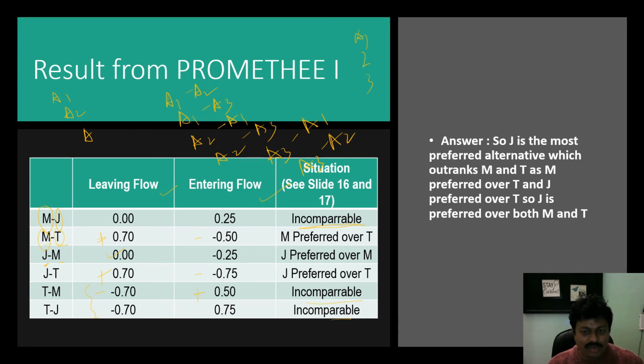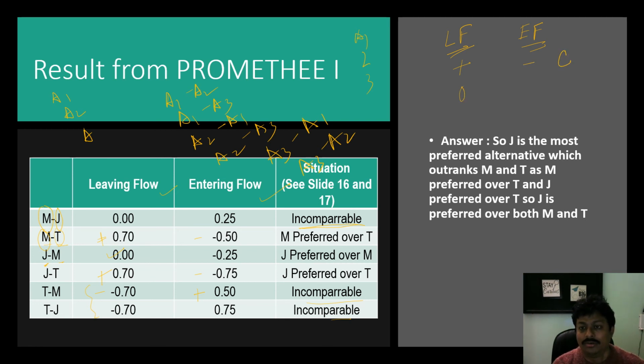But when you can compare, as I say, the deduction of leaving flow and the deduction of entering flow, you must remember that this is deduction, okay? This is deduction, not the leaving flow, entering flow. So in case of leaving flow and entering flow, what happens? If deduction is positive and this is negative, comparable.